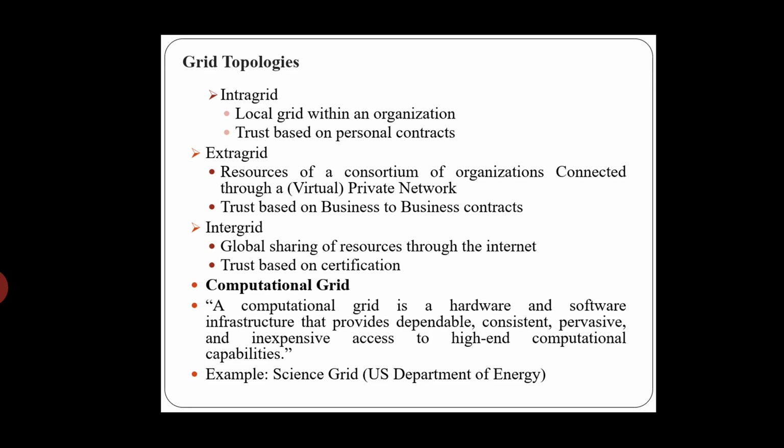It is parallel and distributed computing. A computational grid is a hardware and software infrastructure that provides dependable, consistent, widely spread and inexpensive access to high-end computational capabilities. For example, the Science Grid of the US Department of Energy.